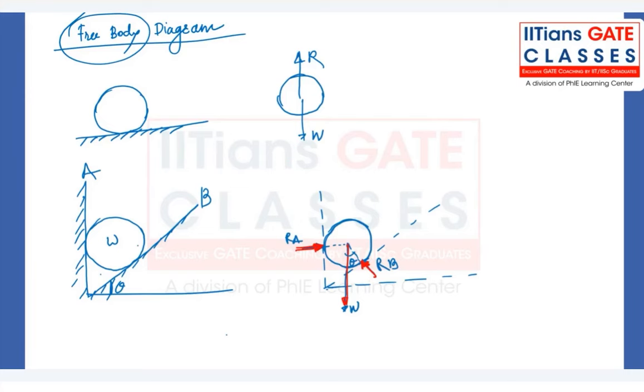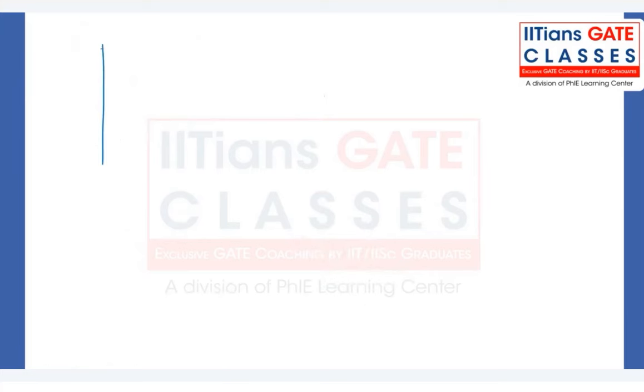Okay, let's make it a little bit more complex. Suppose we have a ball, same ball now, but now it is resting on a vertical surface, held by this thread.